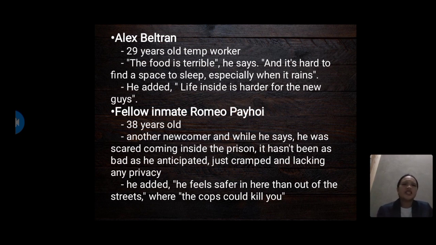He also added that he feels safer inside the jail than out on the street, where the cops could kill you. I think that's the situation right now with the war on drugs.